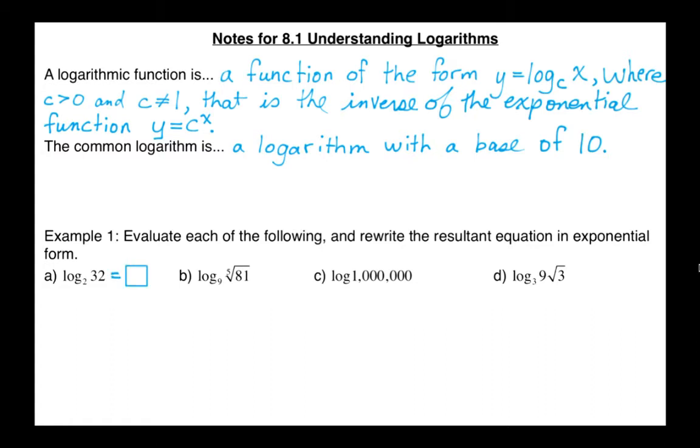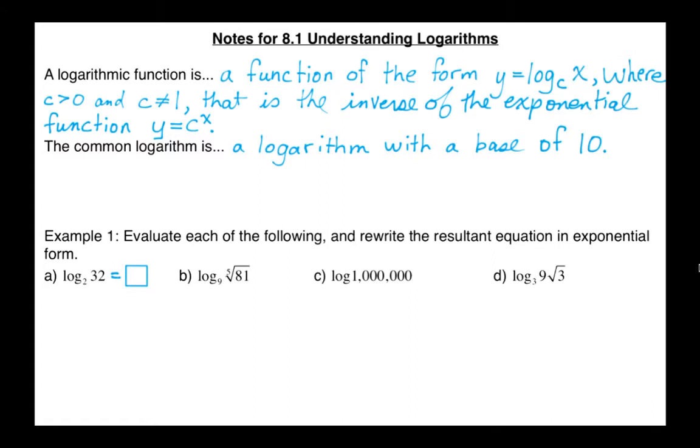Now if I want to evaluate each of these and rewrite the resultant equation in exponential form, some of you might be looking at this and saying, logarithms, man, they're the inverse of exponential functions, and I'm much more comfortable with exponential functions. So by all means, take this equation and rewrite it as an exponential equation.